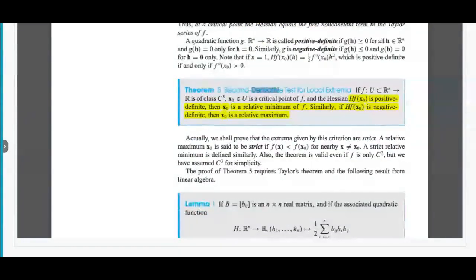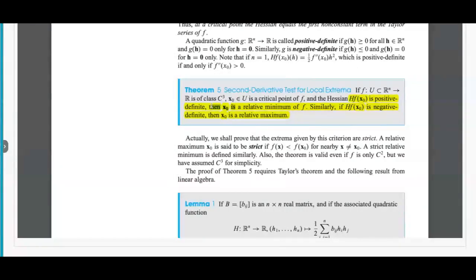Second derivative test for local extrema. f is a real-valued function and it's at least three times differentiable. x naught is a critical point of f, and the Hessian is positive definite. For us, positive definite just means positive.